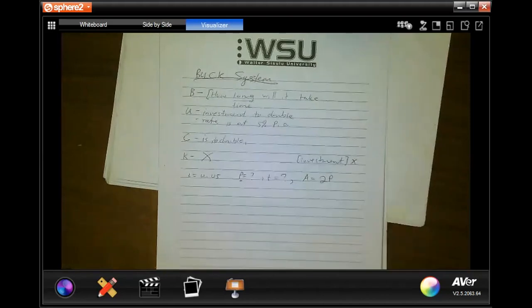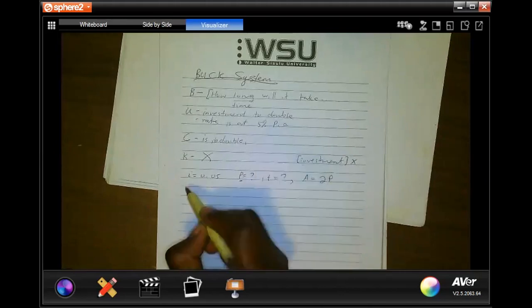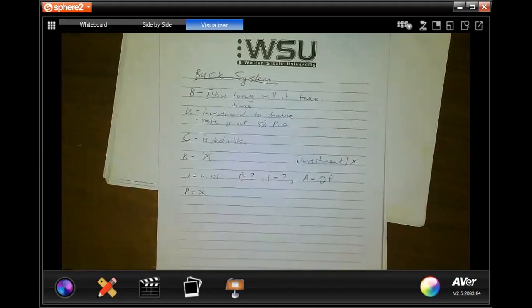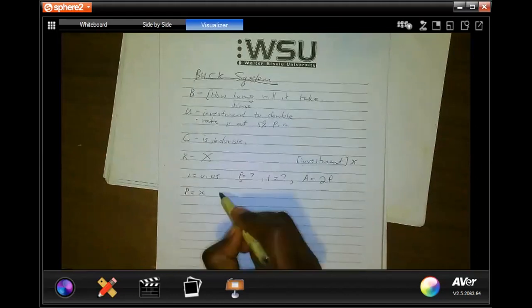Many people use many different methods to calculate this, but the solution is always the same. Some people will say, let's let P be some value X, so that A is equal to 2X.